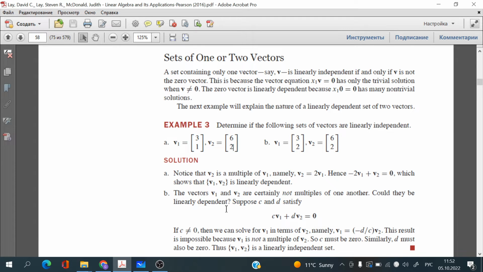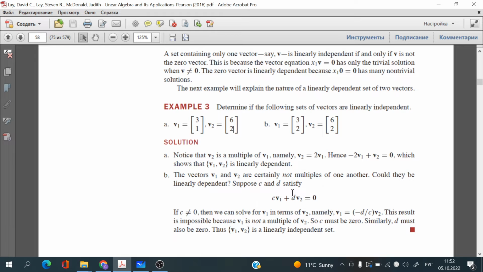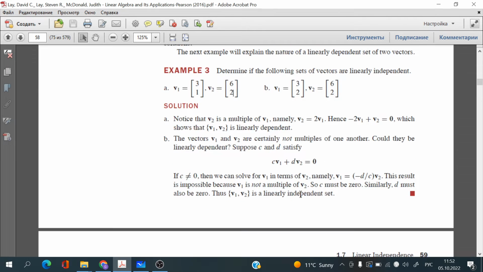Could they be linearly dependent? Now we have to answer. Suppose we take c and d to satisfy the equation c times v1 plus d times v2 equals 0, correct? If c is not equal to 0, then we can solve for v1 in terms of v2. We move this to the other side and divide everything by c, so we get v1 equals minus d over c times v2.